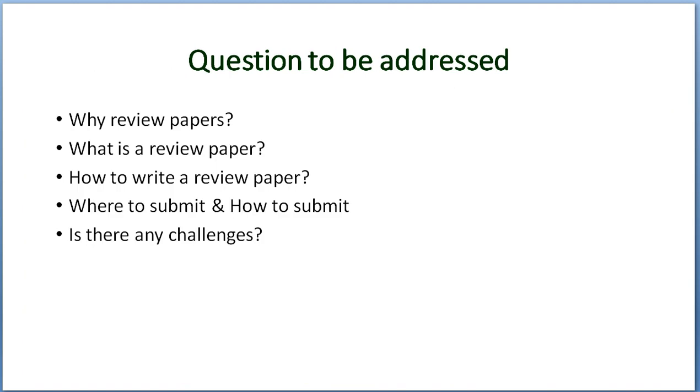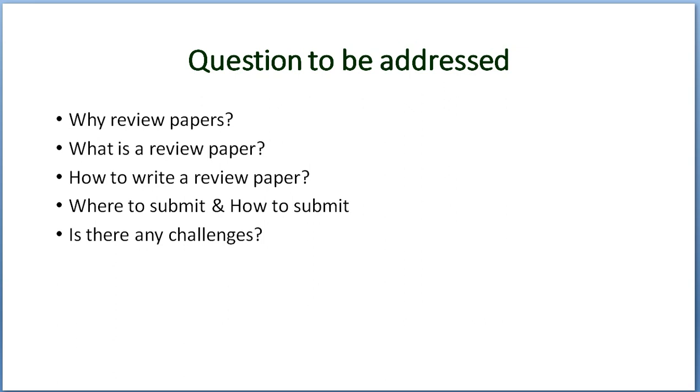The second question is what is a review paper? As I already said, a review paper is the compilation of the research done by other researchers all over the world in a single paper in our own language. How to write a review paper? What are the different parts that we have to consider during writing a review paper?